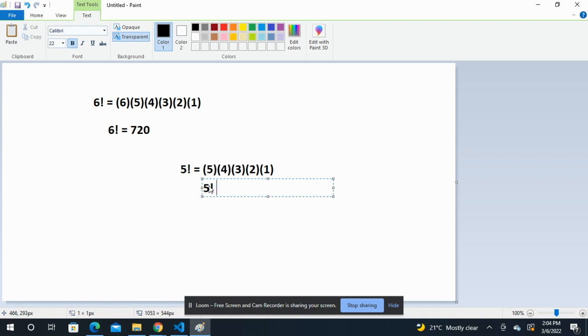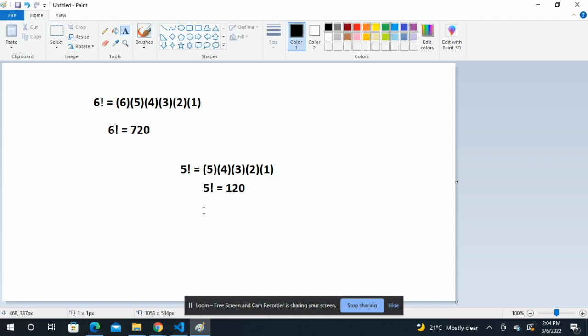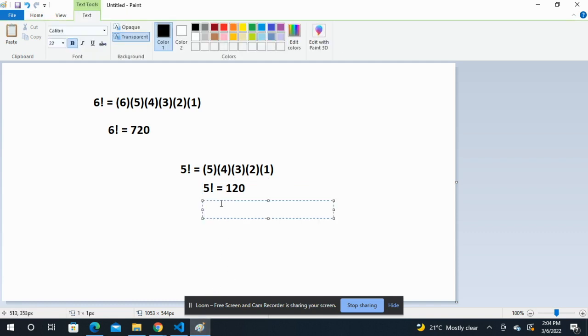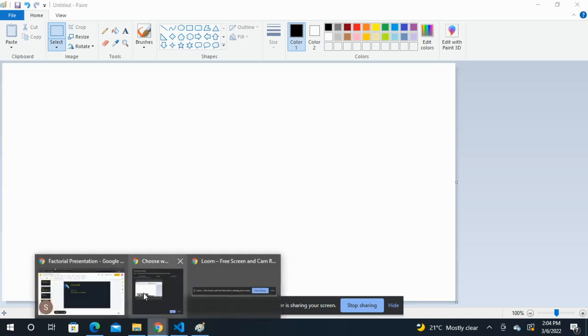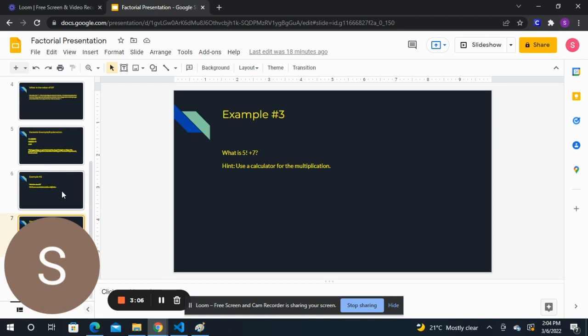And we see that if we do 5 times 4 times 3 times 2 times 1, we will end up with 120. Then the question asked what 5 factorial plus 7 is. So we do 120 plus 7, which is equal to 127. Therefore, 5 factorial plus 7 is equal to 127.